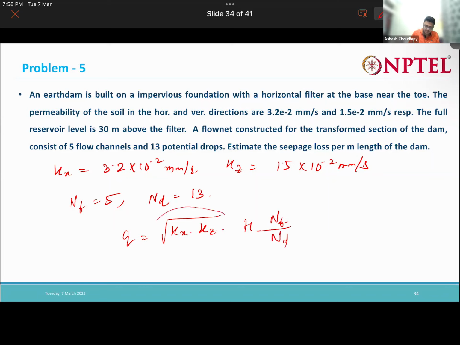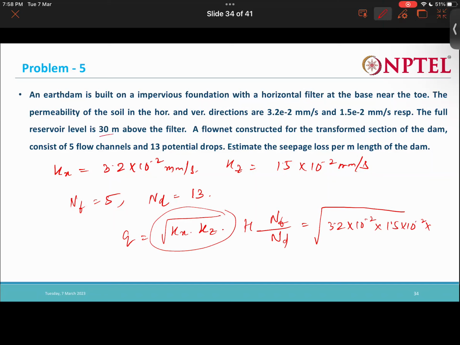The rest is the same, but this K is changing. So please put all the values. 3.2 to the power minus 2. What is H? 30. Into NF by ND. Please calculate.